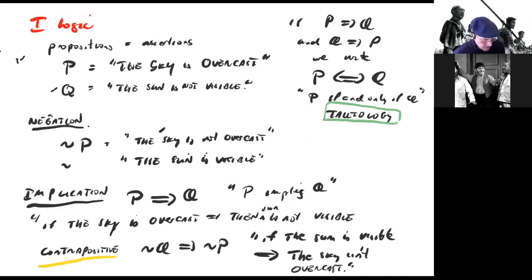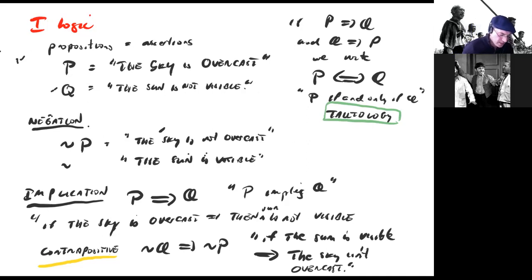Overcast implies the sun is not visible. The contrapositive of that is if the sun is visible, the sky isn't overcast. If the first sentence is true, if the sky is overcast, then the sun is not visible, then this last sentence is also true: if the sun is visible, then the sky is not overcast.